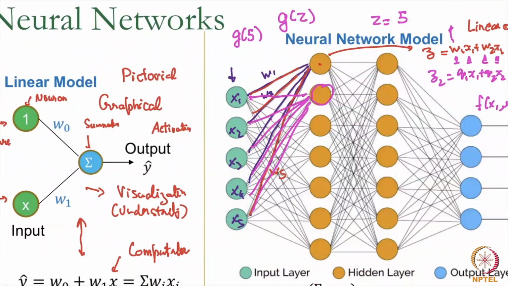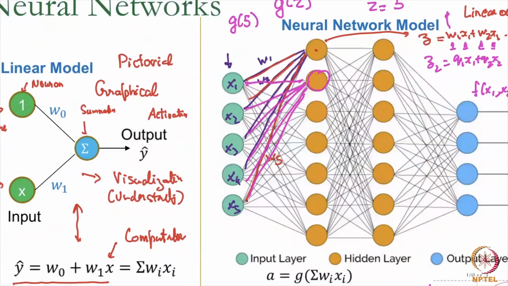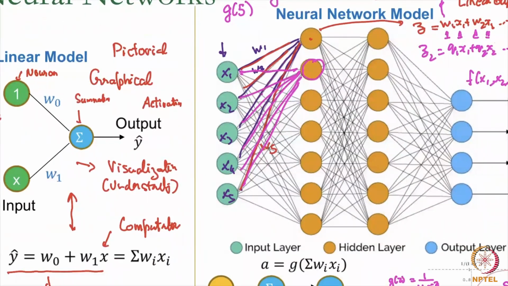So 25 will come out rather than just 5 from here. Similarly, this could be another nonlinear function. This could be another nonlinear function. Put all these together, then again repeat. So all a neural network does is it takes some input, linear combination, nonlinearity, linear combination, nonlinearity, linear combination, nonlinearity, and you then have an output.